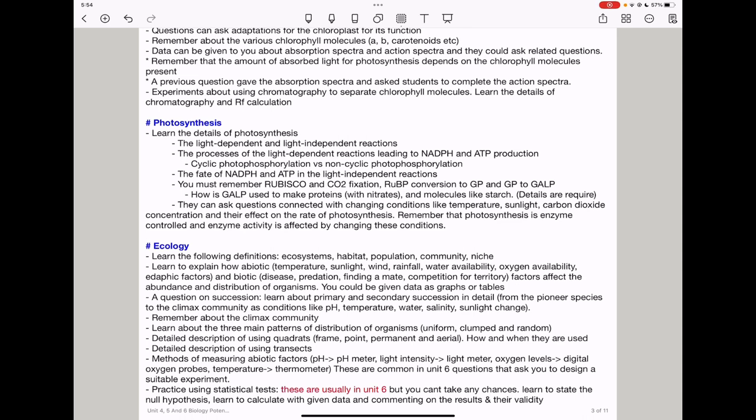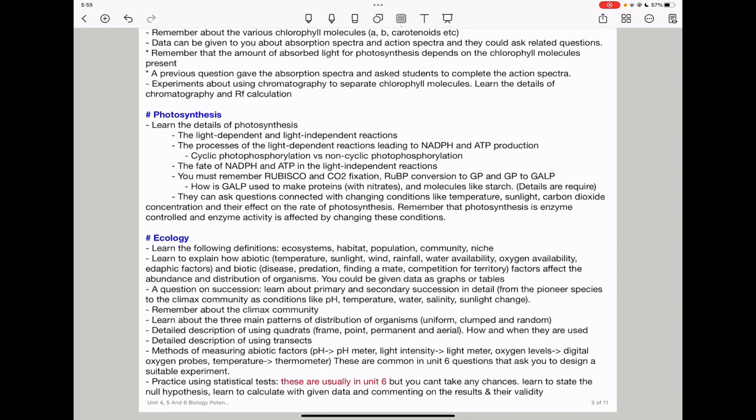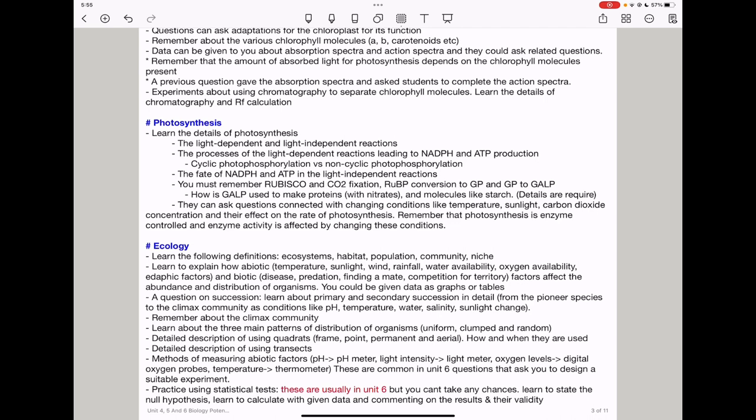Changed conditions could be change in pH, water availability, salinity. Sometimes the environmental changes like temperature as well as sunlight could affect how succession occurs on a specific piece of land. You need to remember the climax community and how it's going to be self-sustaining and how any changes on the climax community could cause a change in the organisms that are thriving in a specific area.